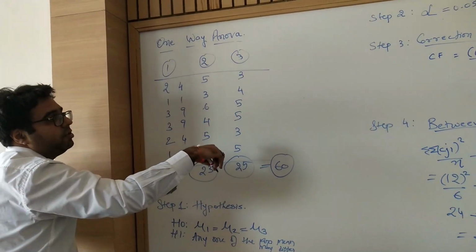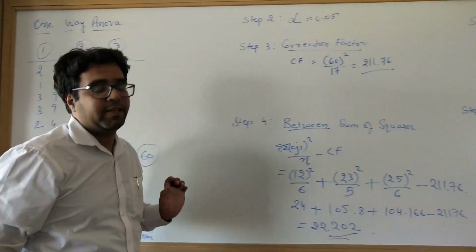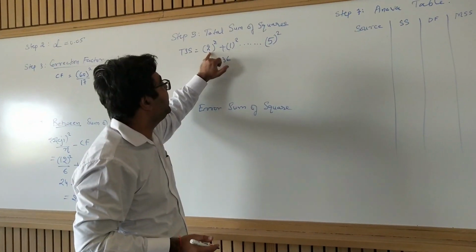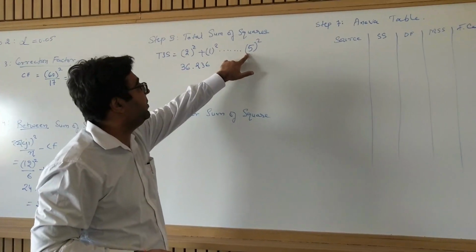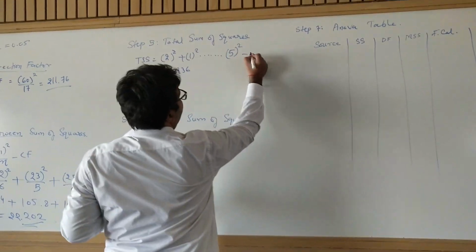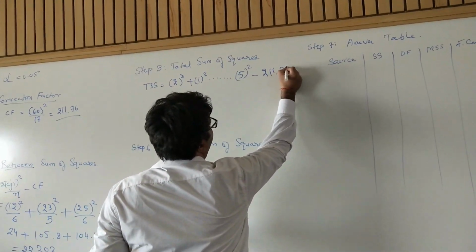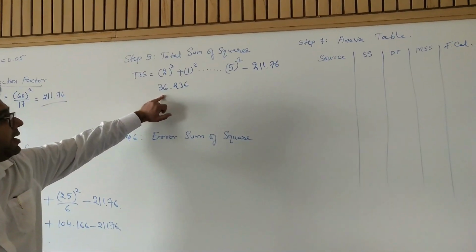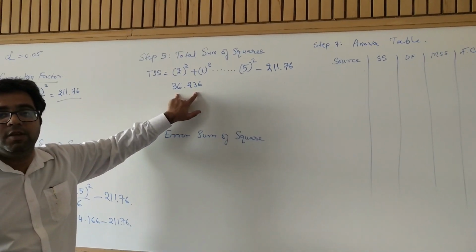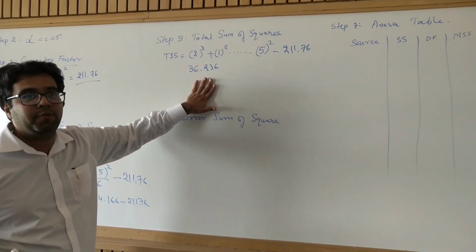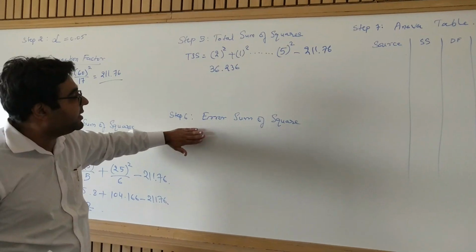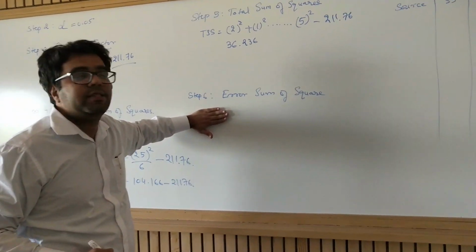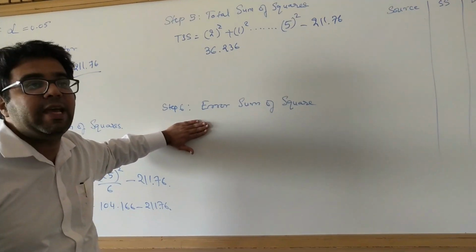Every element we need to square, and then subtract the correction factor, that is 211.76. So here I will get 36.236. So this is again an easy step. Now the next important step is the error sum of square, known as ESS.